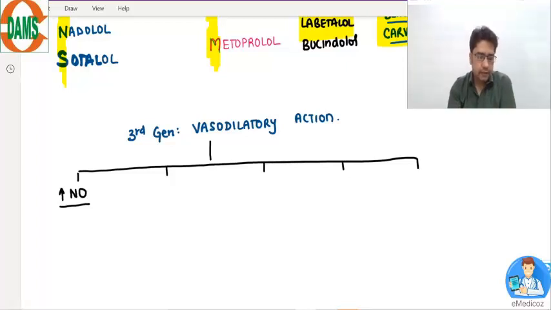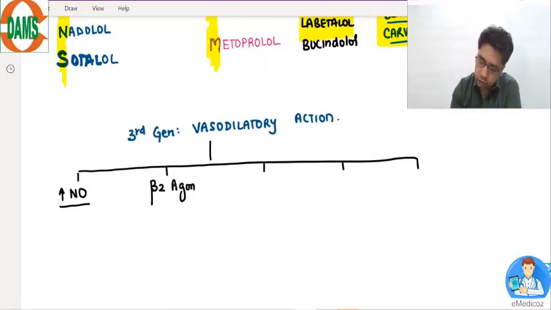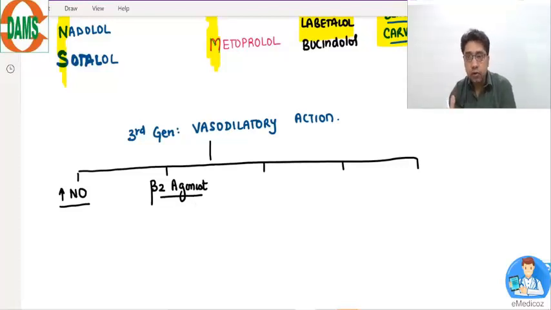Second point, certain beta blockers are rather beta 2 agonists. Instead of blockers, they are stimulators of beta 2, and beta 2 receptor produces vasodilatation.